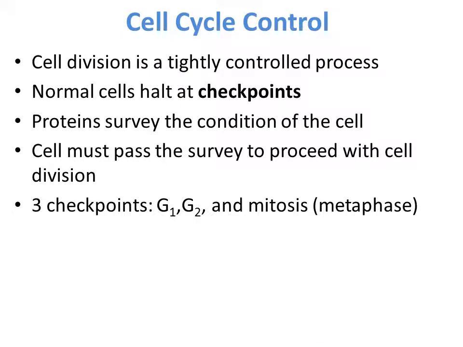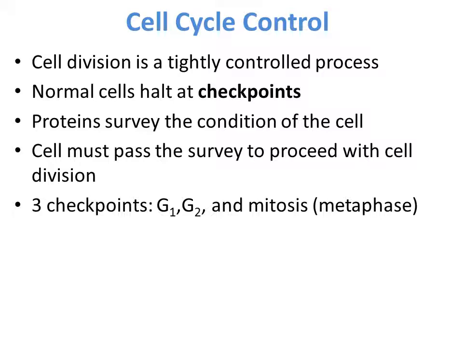Now, once a cell undergoes division, it's going to enter the cell cycle, as we've discussed, and this cell cycle is very tightly controlled. We have a series of checkpoints in the cell cycle to make sure that as the cell enters this process, cell division is undergoing properly, that we have the necessary nutrients to undergo the cell cycle, and that the cell has properly divided.